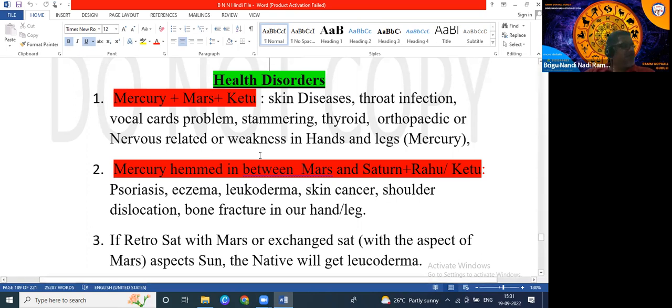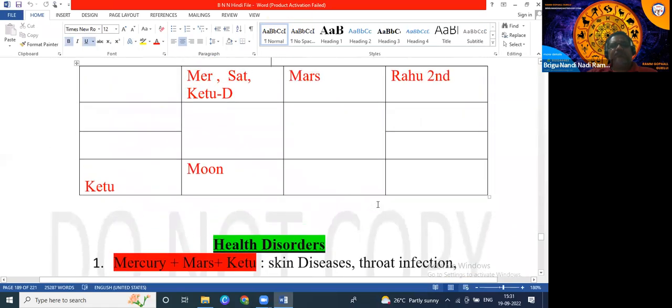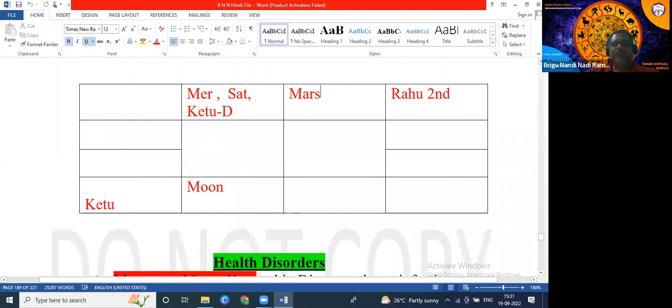And suppose Mercury is hemmed in between Mars and Saturn, Rahu, Ketu. So the native will get the problem here big. For example, you see, suppose Mercury is hemmed in between Rahu.